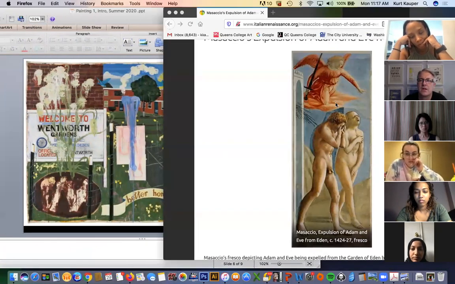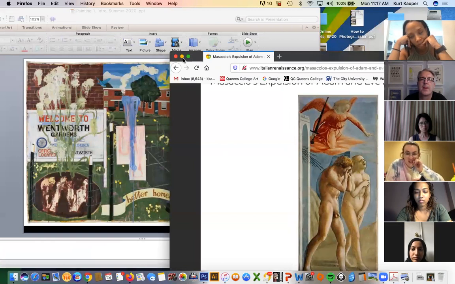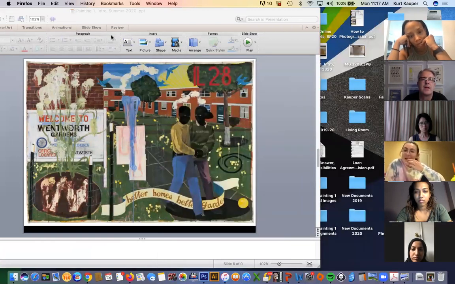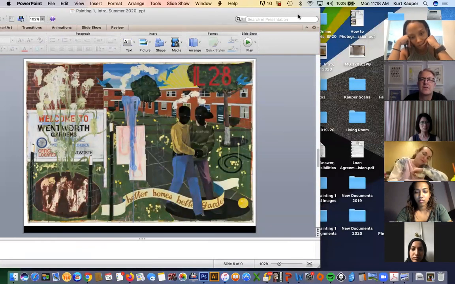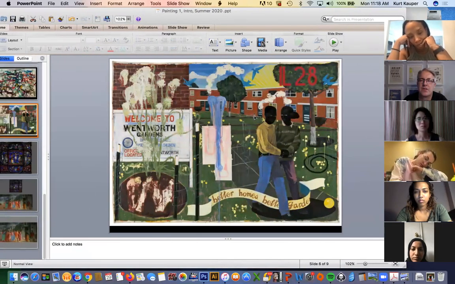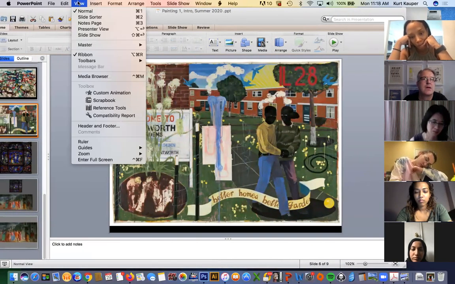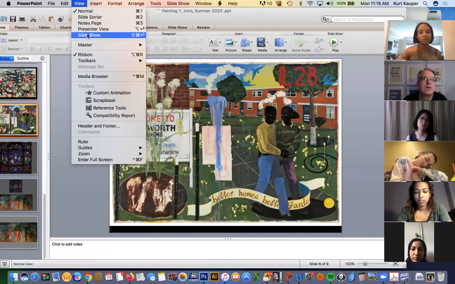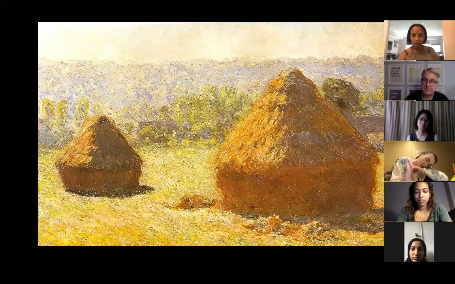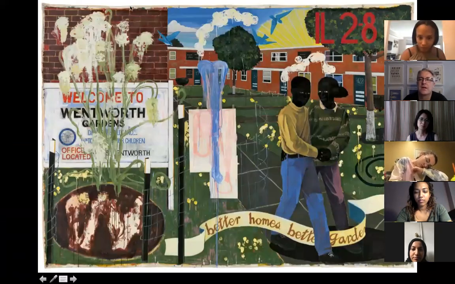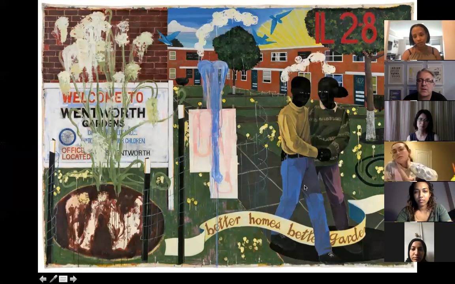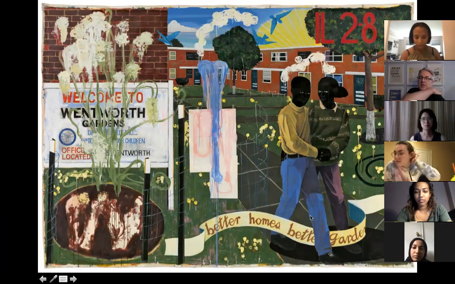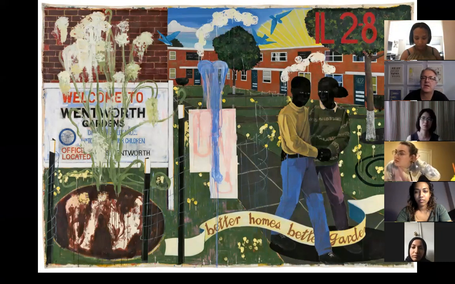So Kerry James Marshall is playing with that too, right? He is deliberately referencing the Garden of Eden myth, and in a way condensing history, right? So the contemporary can be seen in terms of the mythological past.